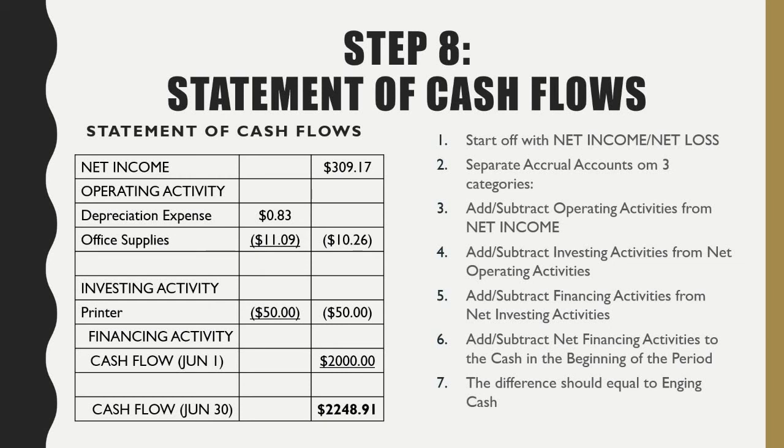It's looking at how much actual physical cash is flowing into your company and how much actual physical cash is flowing out from your company. So in essence, when we're taking a look at the statement of cash flows, we're looking at a cash basis type of operations, right?